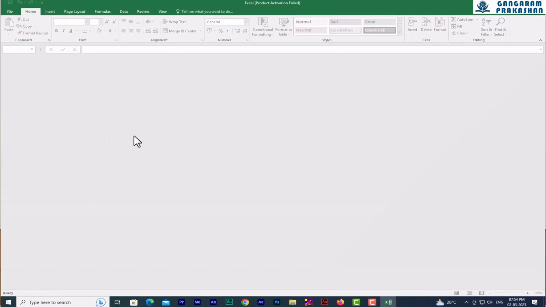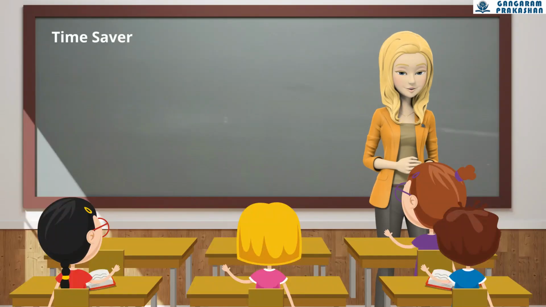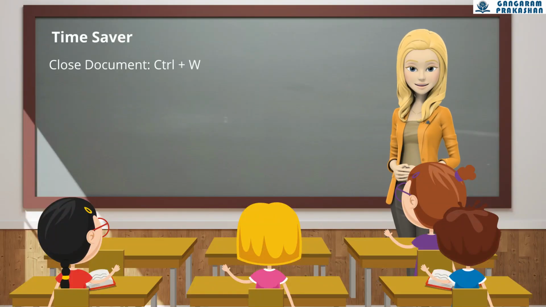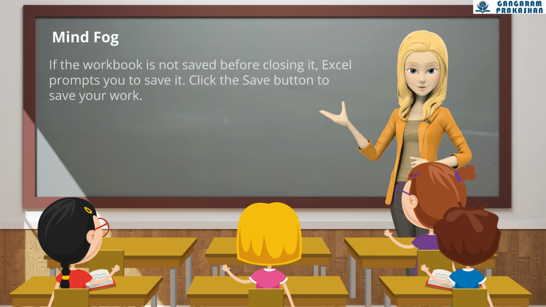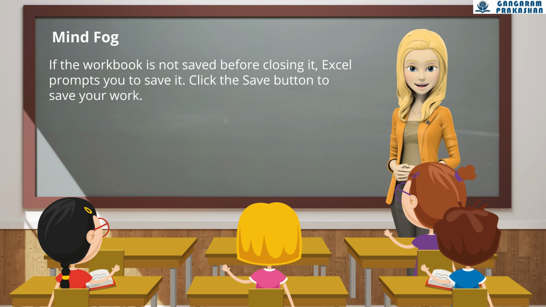Excel closes the workbook. Time Saver: Close document, Ctrl+W. Mind Fog: If the workbook is not saved before closing it, Excel prompts you to save it. Click the Save button to save your work.